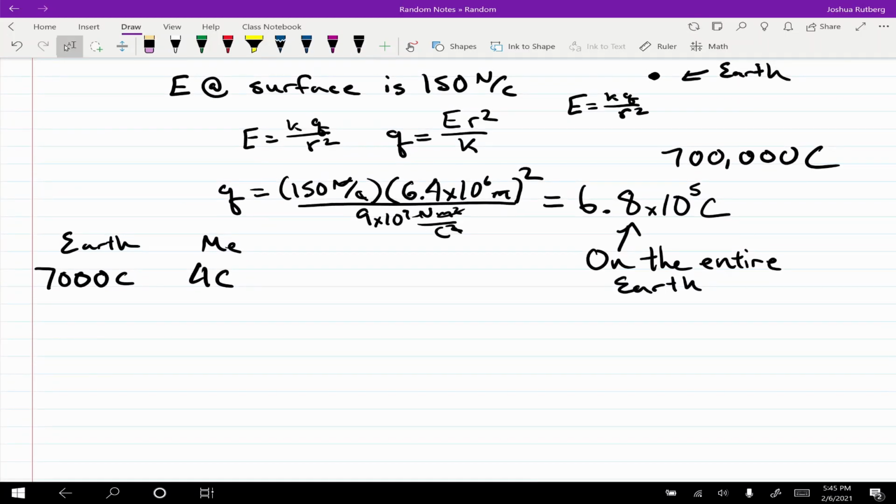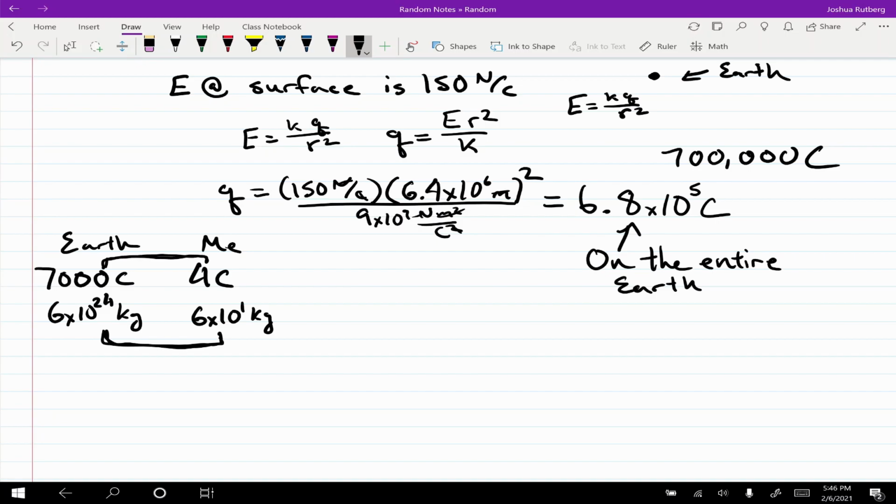For reference, the mass of the Earth is, I think, 6 times 10 to the 24 kilograms. And the mass of me, I said it was 60, so it's 6 times 10 to the 1 kilograms. So look at the massive discrepancy in the masses, and look at how relatively close the charges are.